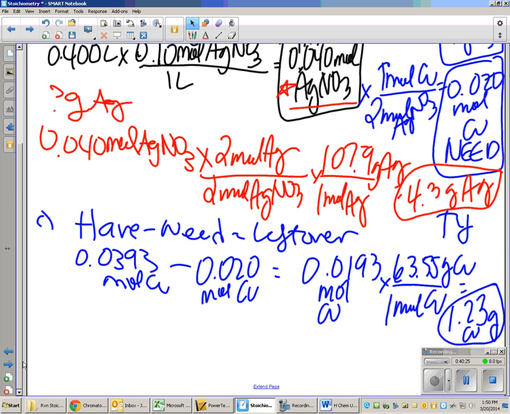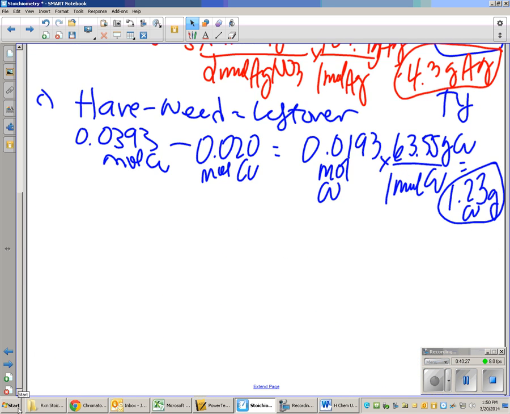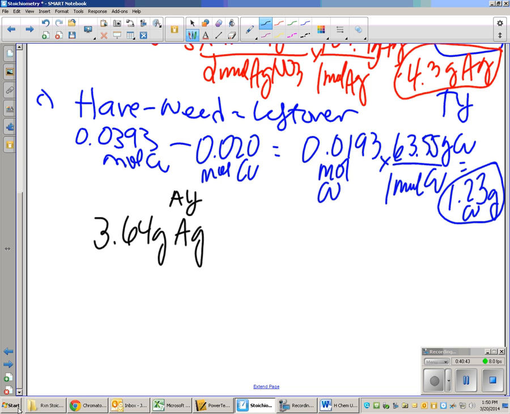The last step was to find the percent yield. So it said in the problem this person made how much? 3.64 grams of silver is what they actually made in the lab, as your actual yield. What did you get as your theoretical? 4.3 grams of silver.